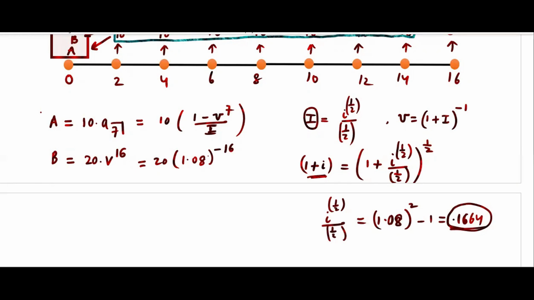But when we got down, we said i(1/2) by 1/2 equals 1.08 squared minus 1. But we have changed the sides. Yeah, I understand now. Thank you. Even this we have already done in our arithmetic, but we are only using symbols.